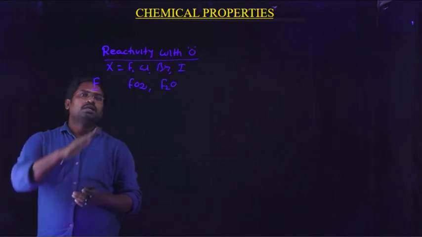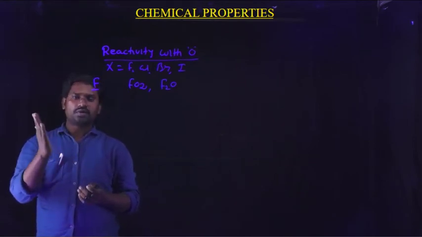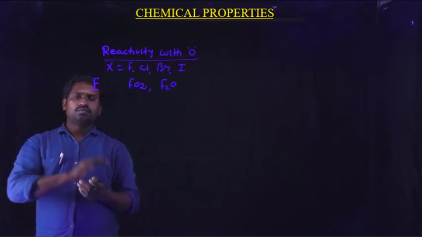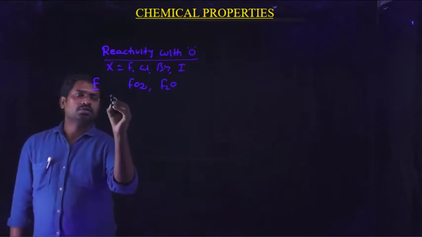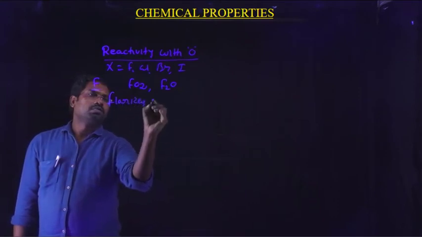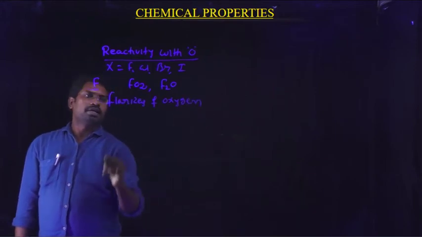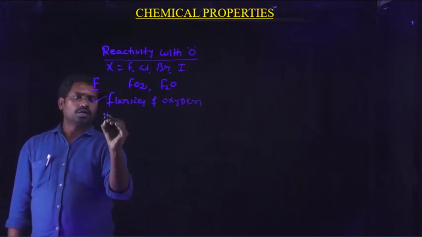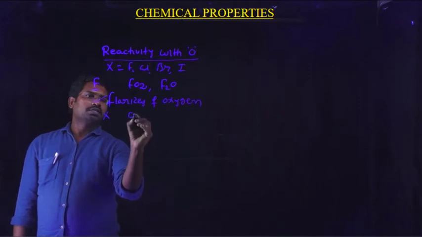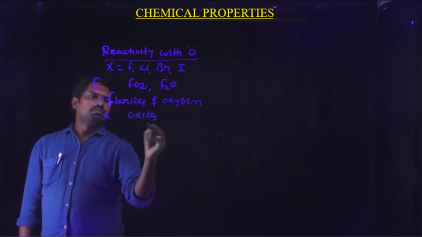But here, the oxides of fluorine can be called fluorides of oxygen, not fluorine oxides. We call them fluorides of oxygen, but we cannot call them oxides of fluorine. So what is the reason?